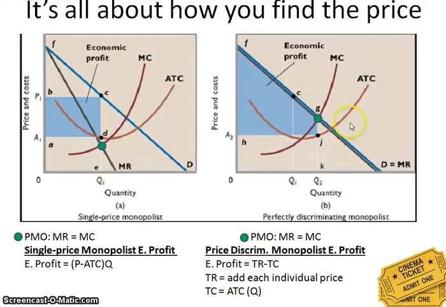Sometimes you'll have a perfectly elastic ATC that equals your marginal cost, but if you're given a graph that looks like this, you can still use the same cost per unit, so it's ATC times quantity. And so the formula is total revenue minus total cost. Outside of the fact that the discriminating monopolist will always produce a larger quantity, they will always get a higher profit.